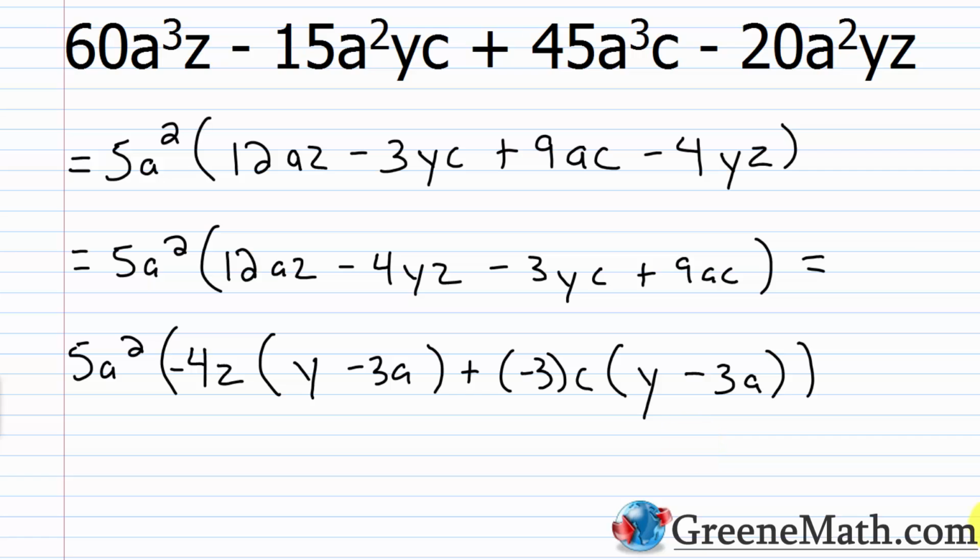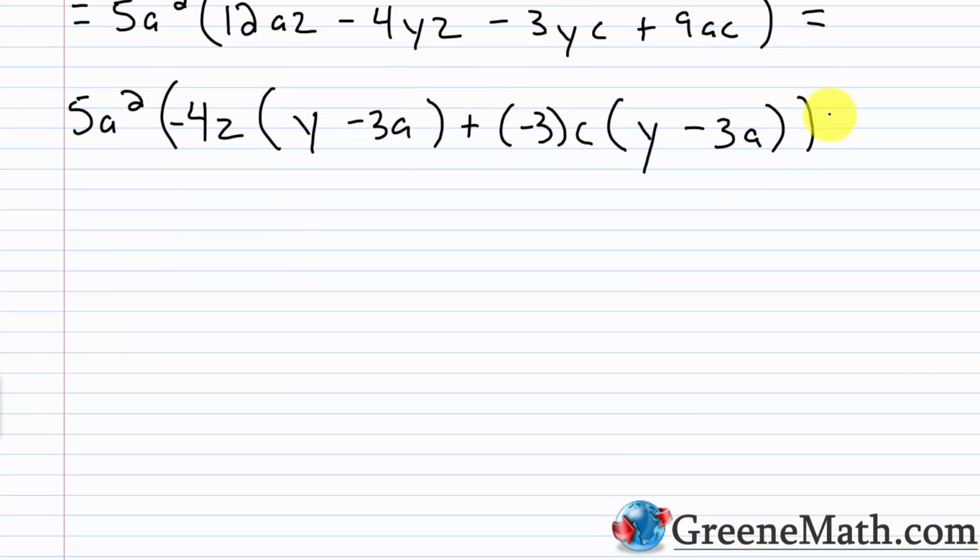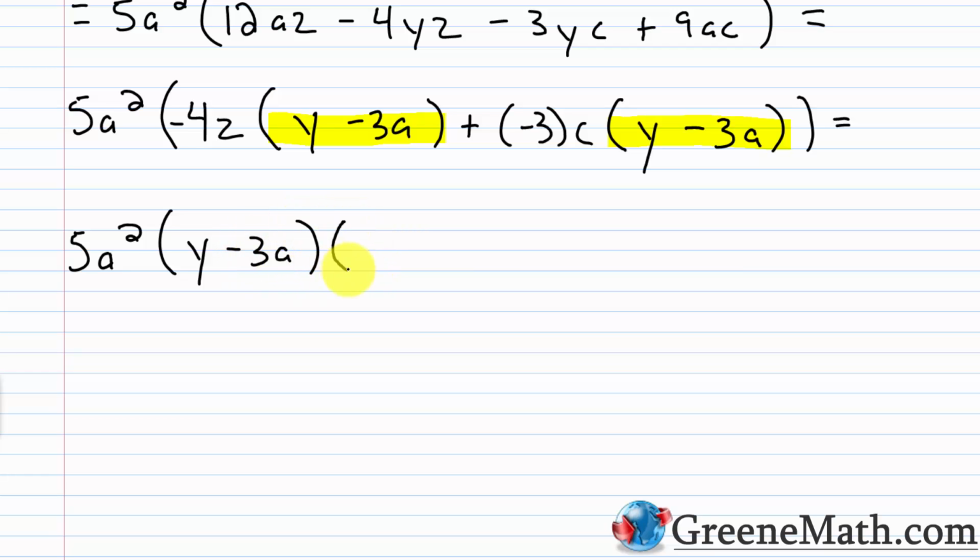All right, so now we can go ahead and pull out our common binomial factor, which is y minus 3a. So I'll have my 5a squared out in front. Not going to touch that. Inside, I'm pulling out the y minus 3a. So y minus 3a. And then what's left?